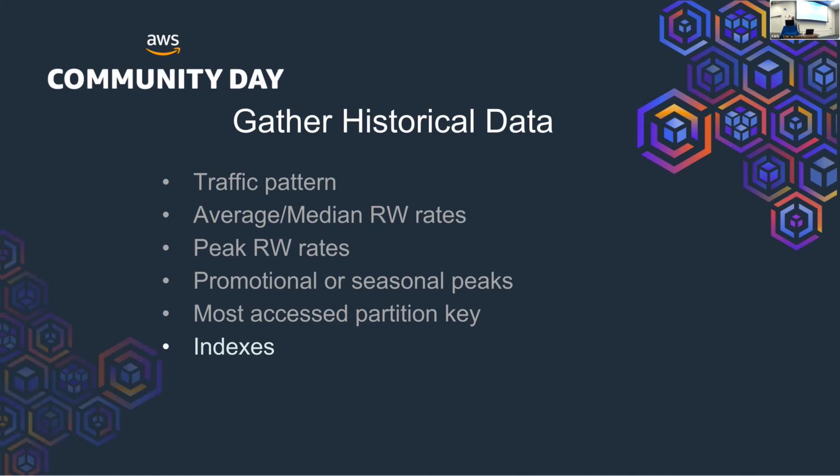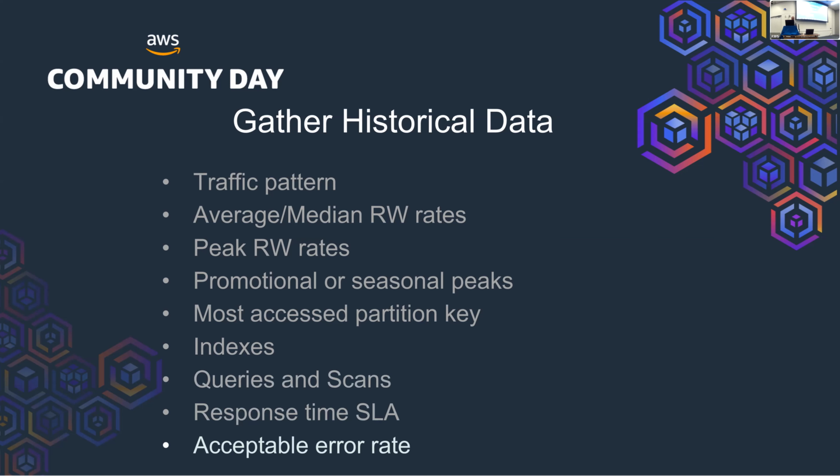So again, your writes can multiply based on how many indexes you're using. You have to watch for queries that are resulting in scans. So again, that can also multiply your usage. Again, it's a problem even with on-demand, but with on-demand this problem doesn't show up because on-demand is pay per request, not provisioned.